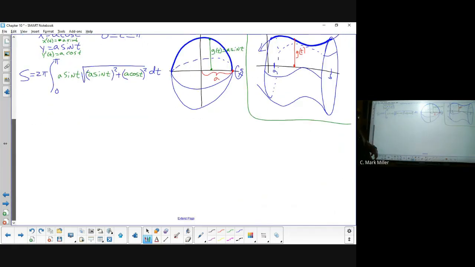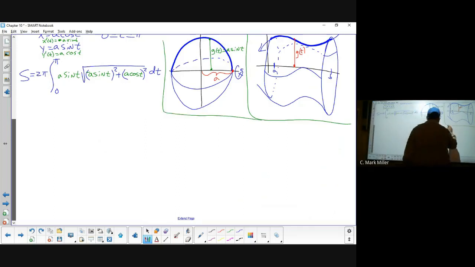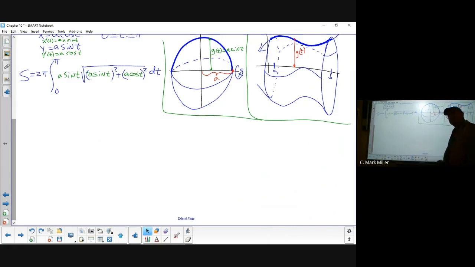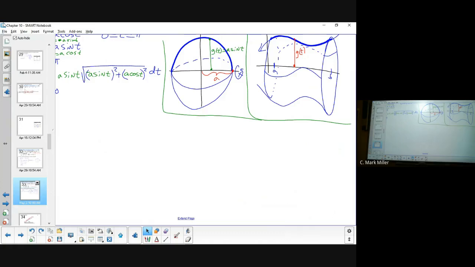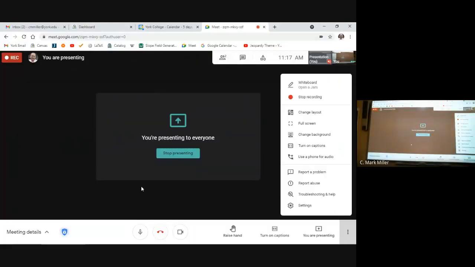That's the part I want to make extra sure you understand, because as usual in these problems, it's the setup that takes the most time. And my board is lagging and about to crash, so we're going to back out of that and then back in.